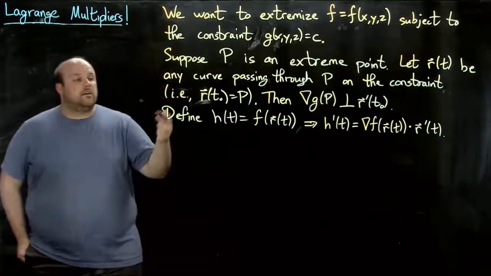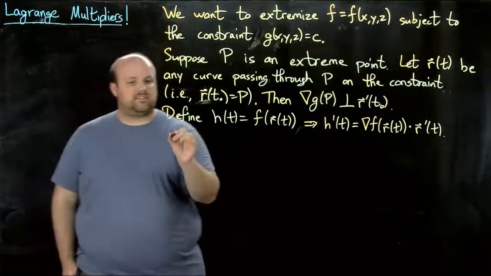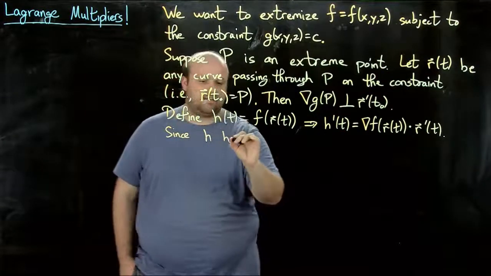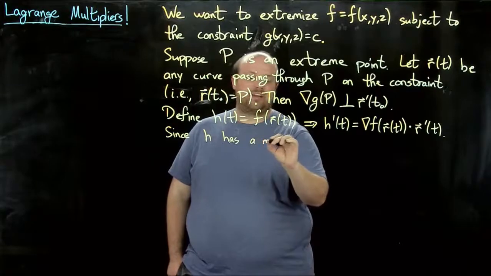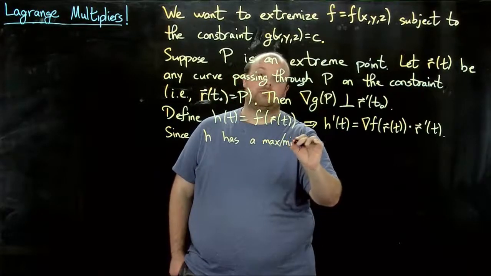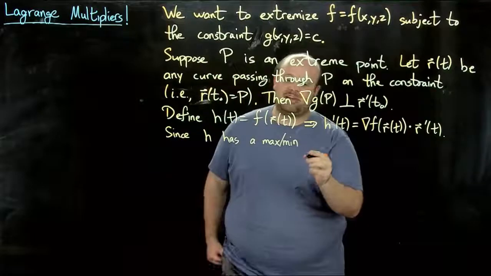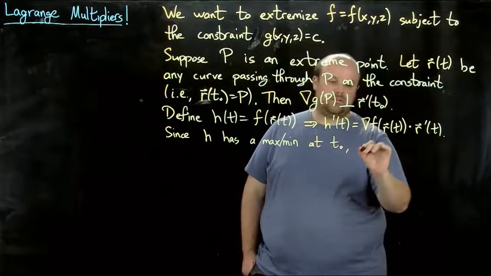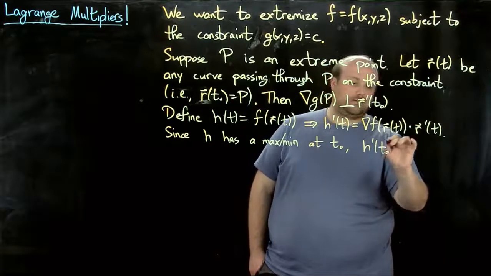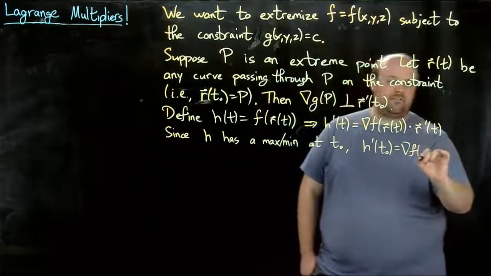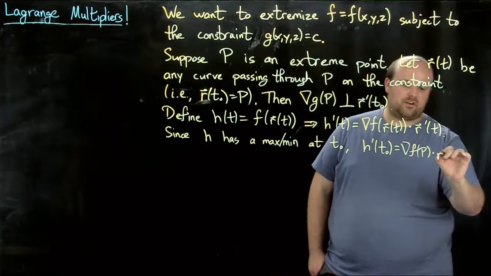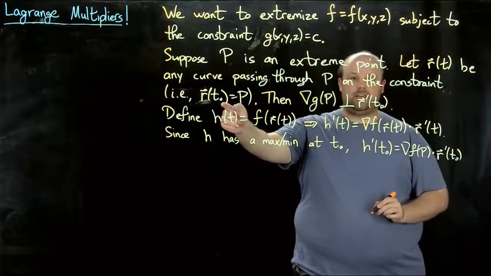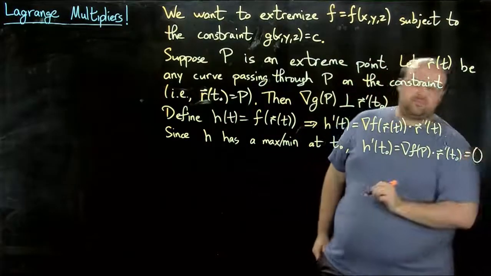Since h has a max or min at t naught, we don't know which one, h prime of t naught, which is the gradient of f at P dot product r prime of t naught, has to be 0. Remember, r of t at t naught is P.